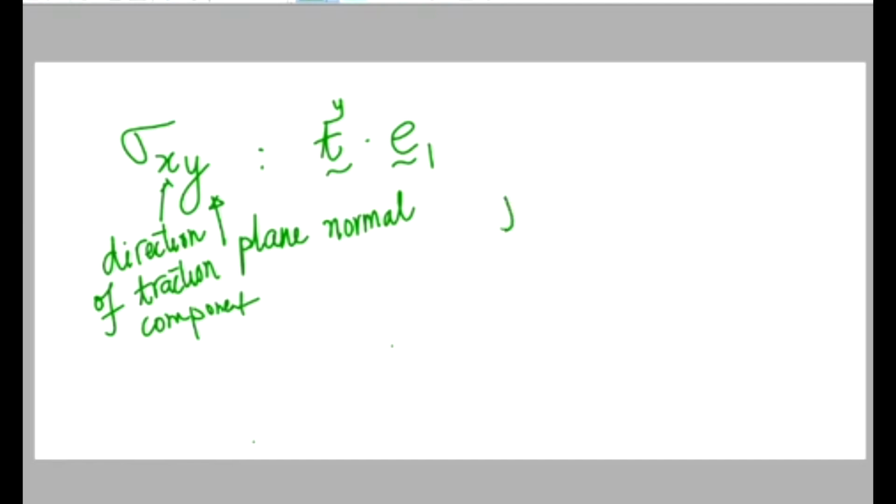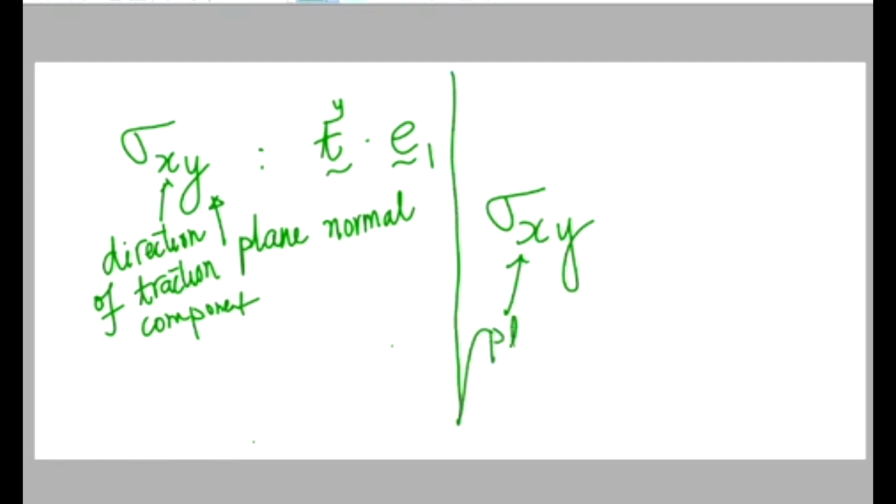They say that sigma xy is such that the first one is for the plane normal, and second one is for the direction of traction component. So it's actually the opposite.